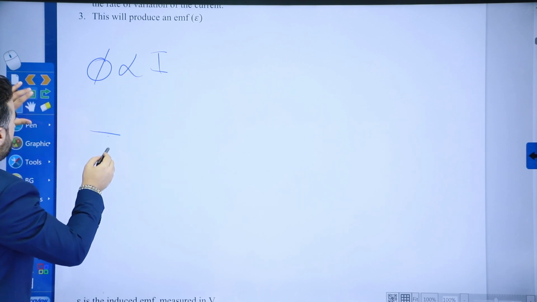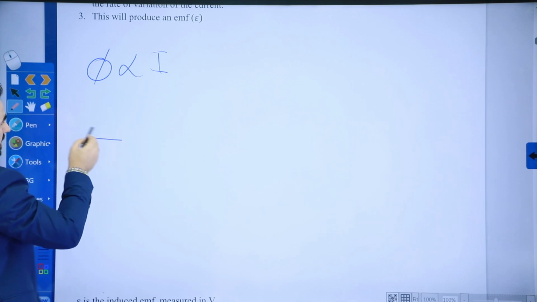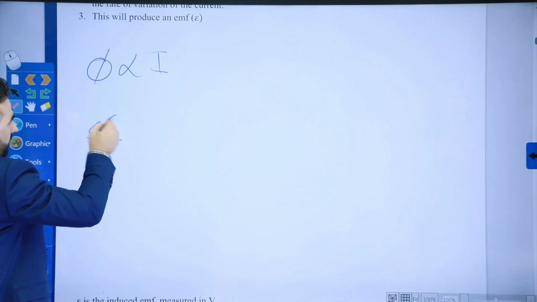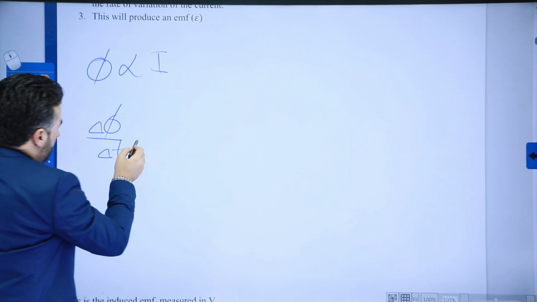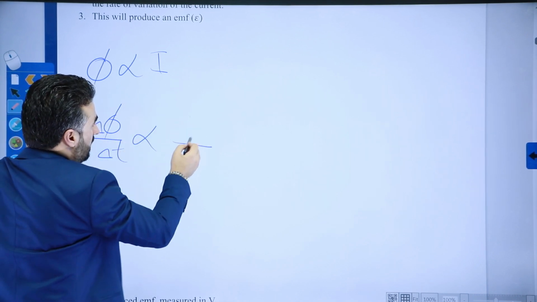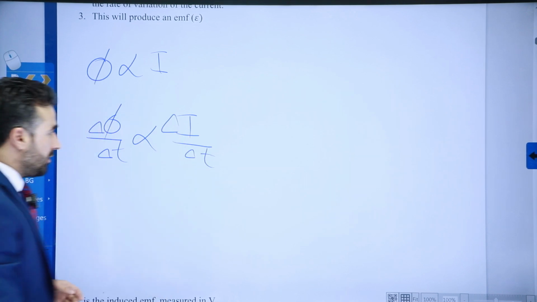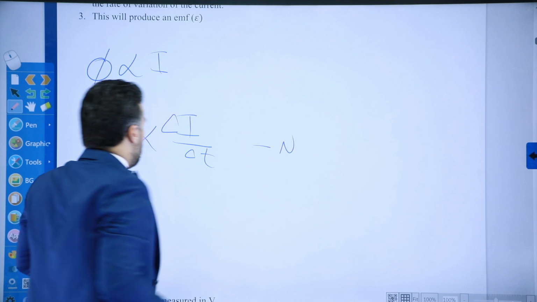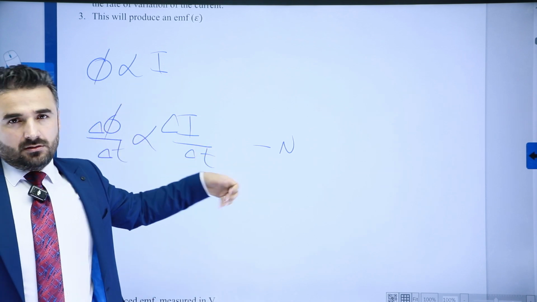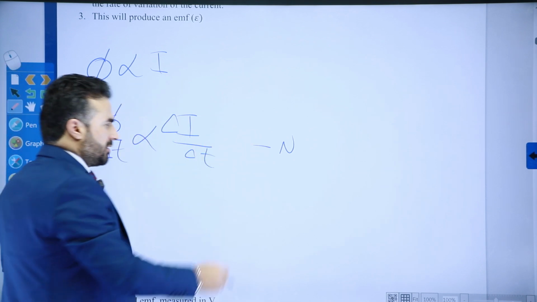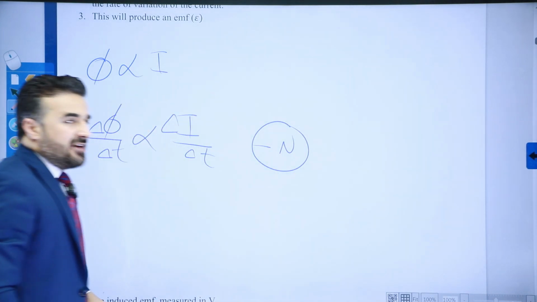Now, of course, if we divide both sides by the time, we will have the change in the magnetic flux divided by the change in time, delta t, proportional to the change in the current divided by the time as well. And of course, we multiply both sides by negative N, because the coil or the solenoid that you're going to use has a number of turns.